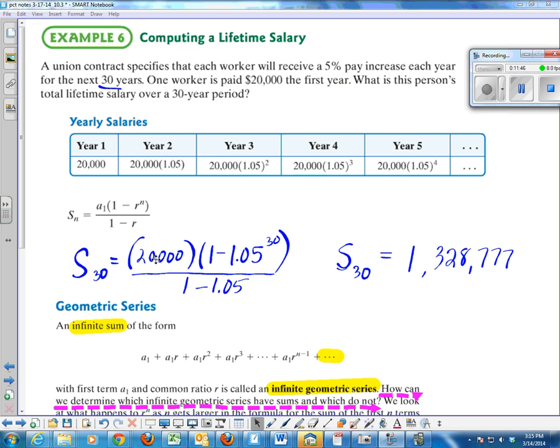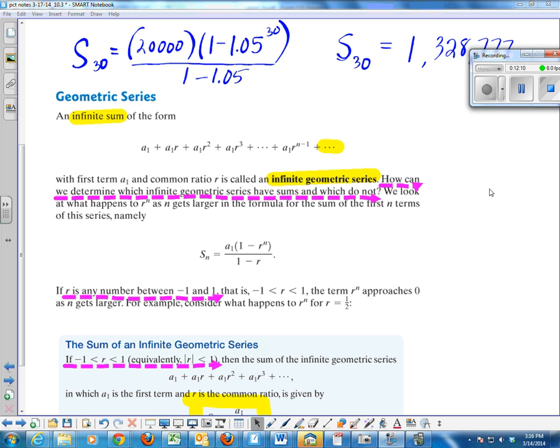All right, plugging in 20,000 for a sub 1. 1 minus 1.05, that's the R. n is 30 years. And then 1 minus 1.05. Remember, you evaluate this parentheses first, multiply it by the 20,000, divide by the denominator. You should get 1,328,777. Pause a minute to write that down and catch up.